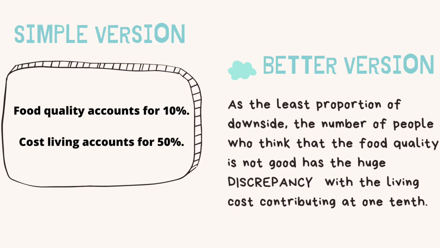Because as you can see, the proportion of people who think that the living cost is not good is about 50%, half of the respondents, and then only 10%. Okay, right, so that's the example for discrepancy, perbedaan. Huge discrepancy, it means perbedaan yang besar.